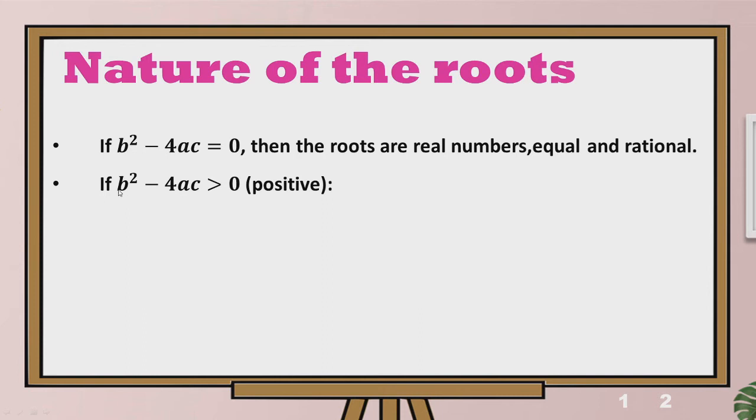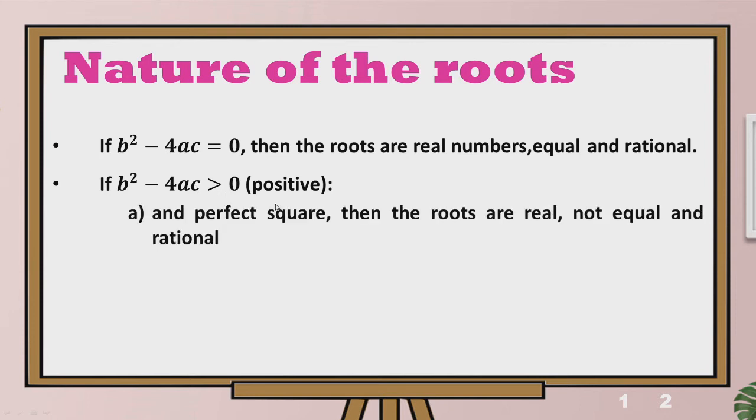Pangalawa naman is if your discriminant is greater than 0, or ibig sabihin, pag positive ang value na nakuha natin. So pag positive ang value ng discriminant na nakuha natin, may dalawang bagay rin tayong kailangang tandaan. Una, pag ito ay positive at perfect square. Kapag nangyari yon, yung roots natin are real, not equal or hindi magkapareho, and rational.